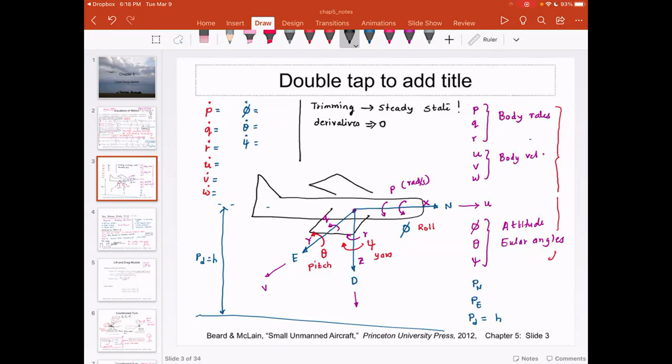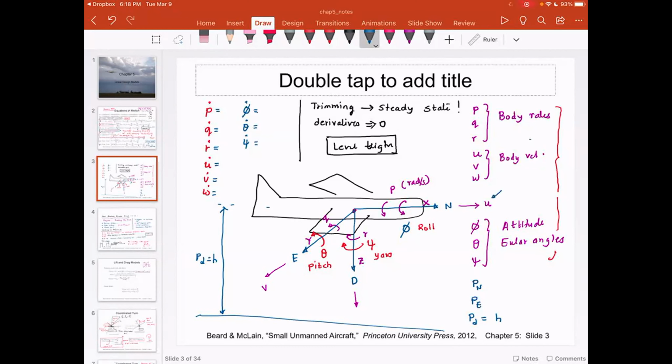So now let's go step by step. The first thing, I want the aircraft to fly in level flight. In level flight, what it means is I could have a non-zero U. Again, this is just for level flight.